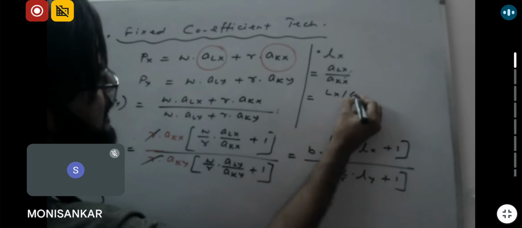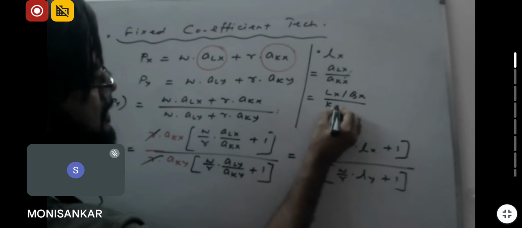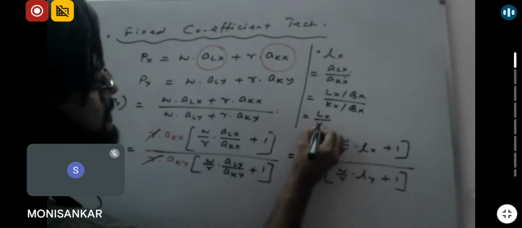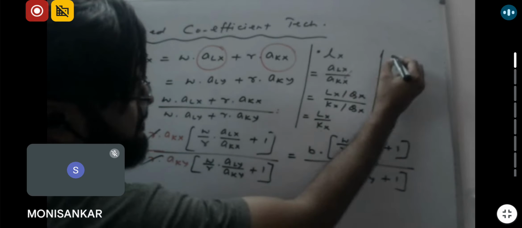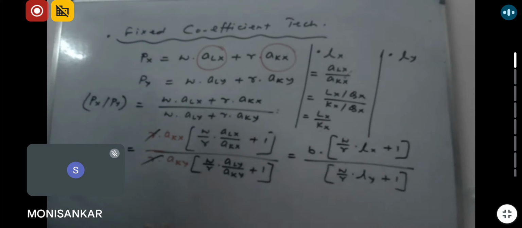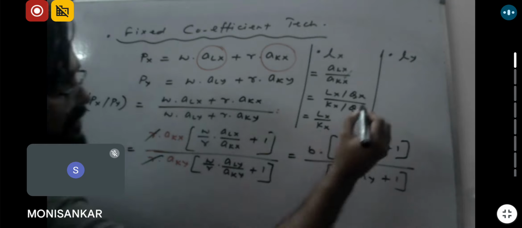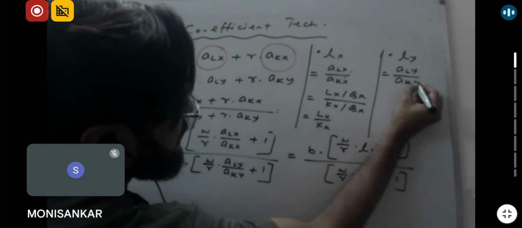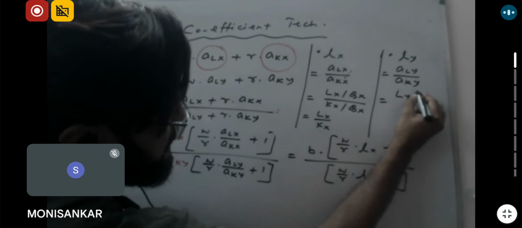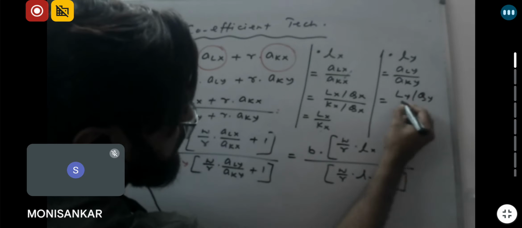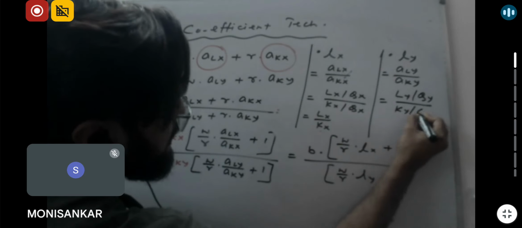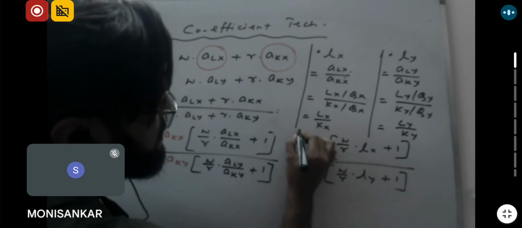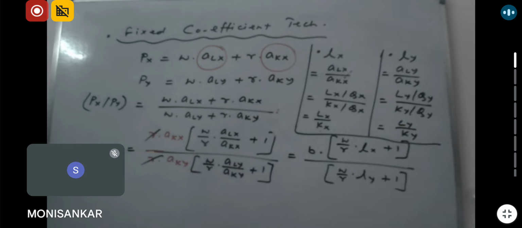Alx was Lx by Qx, and akx was Kx by Qx, so Lx by Kx. Similarly, what is your aly? Your aly becomes Ly by aky, that is Ly by Qy by Ky by Qy, that is Ly by Ky.